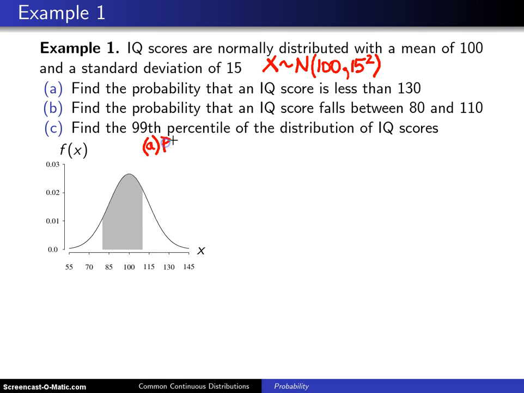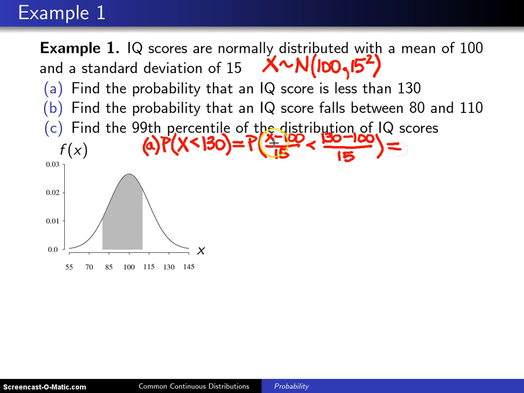The probability that the random variable X is less than 130, what we typically do in these cases is we normalize X by subtracting its mean and dividing by its standard deviation. So this is equal to the probability that (X minus 100) divided by 15 is less than (130 minus 100) divided by 15.